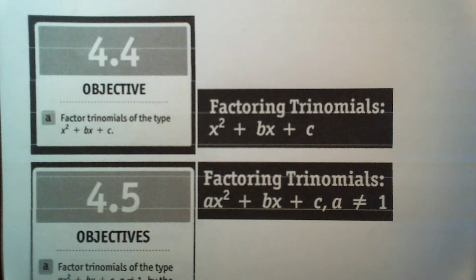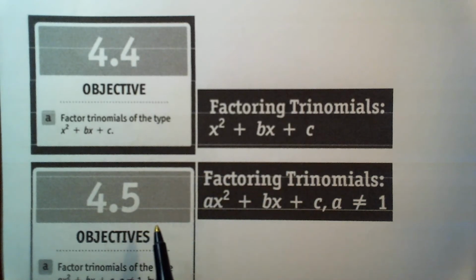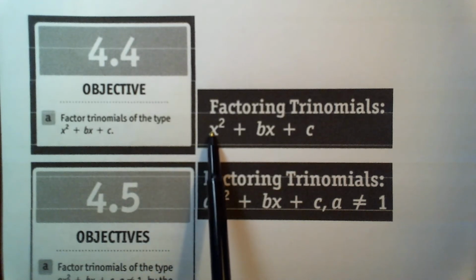So when we come to section 4.4 and 4.5, I will do something similar. Section 4.4 is about factoring trinomials x squared plus bx plus c. In other words, the leading coefficient of x squared is 1. Of course, that's implied. It's not written out.